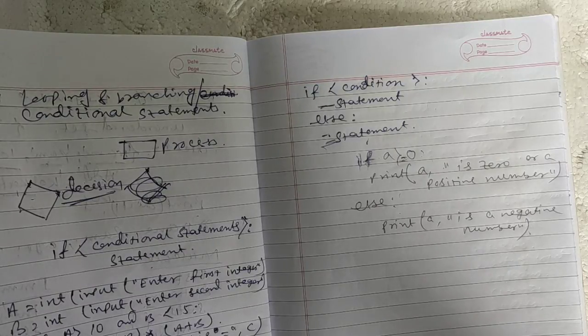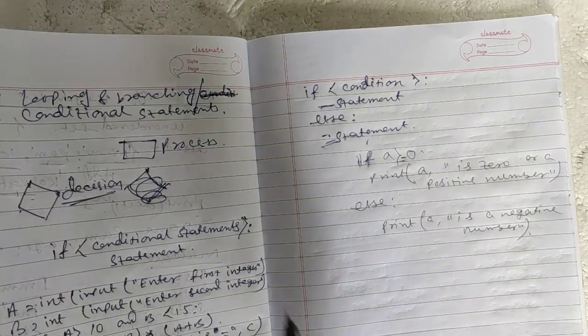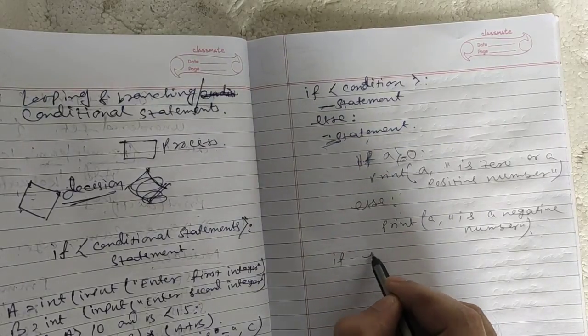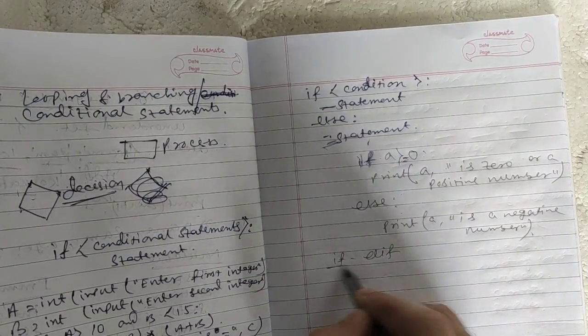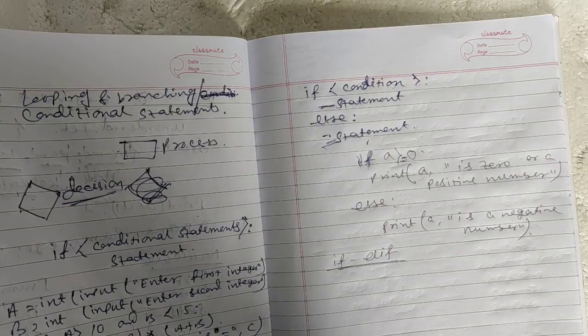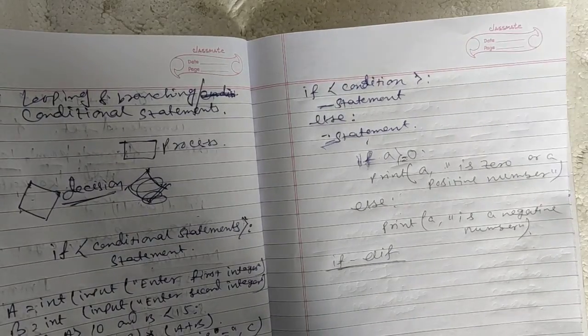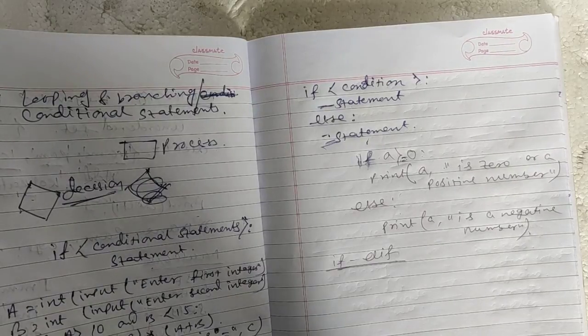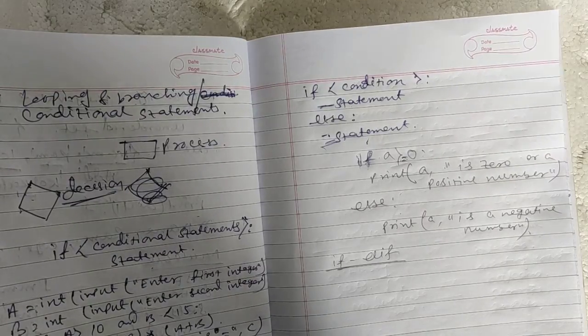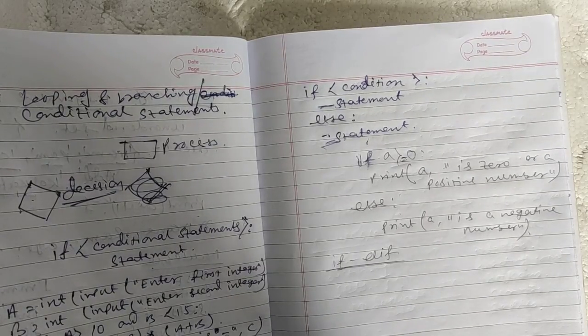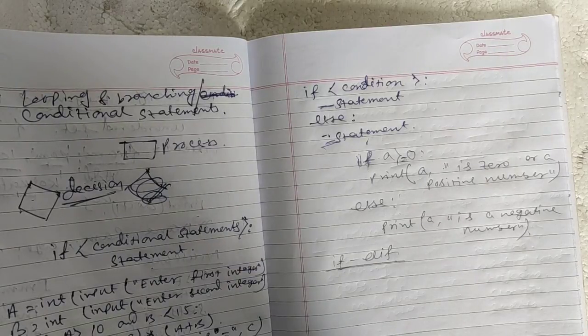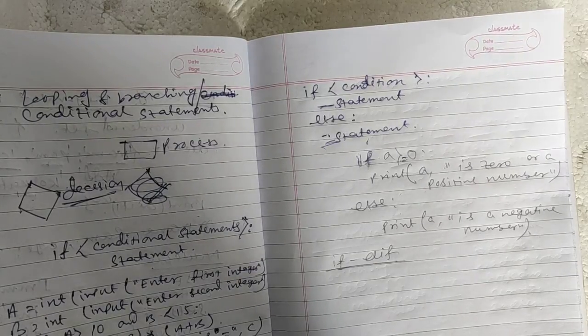Okay. Next one is called elif. If and elif are also there. What is the if elif? Sometimes you need to check another condition in case of a test condition. If the condition is evaluated to false, you want to check another condition when control reaches the else part.